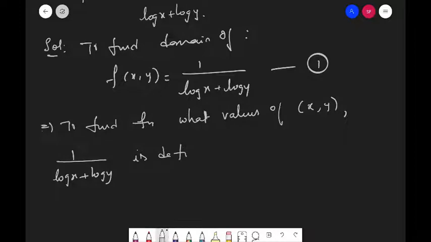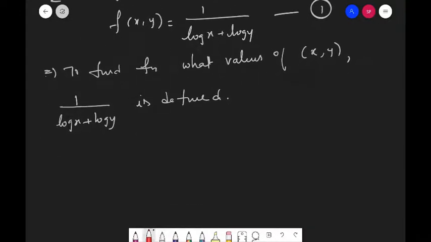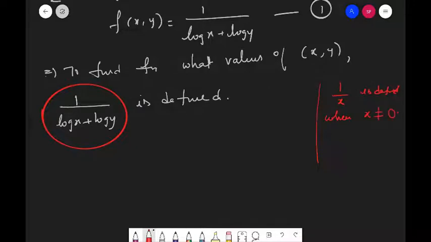is defined. Now here you can observe this function. It is first a reciprocal function. So when you have 1 by x is defined when x not equal to 0. So the first point here is, number 1, first point, log x plus log y should not be equal to 0.